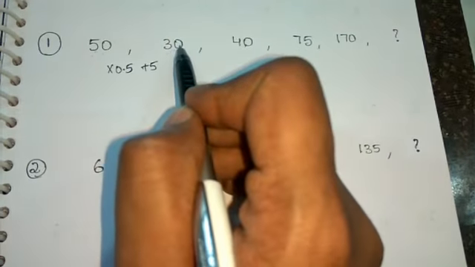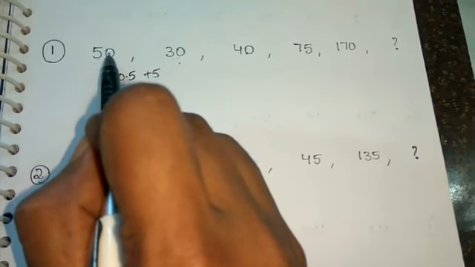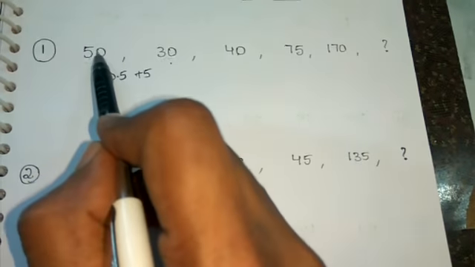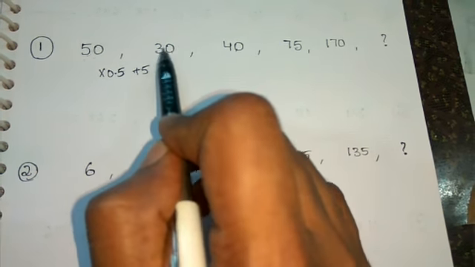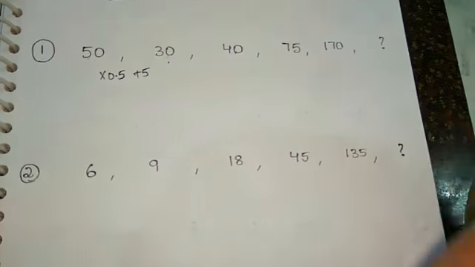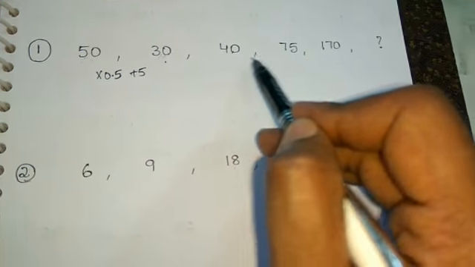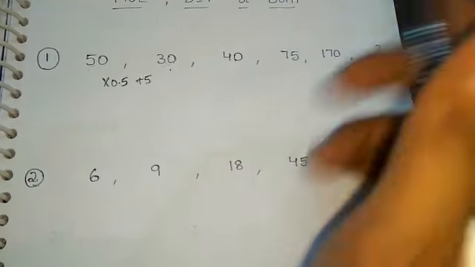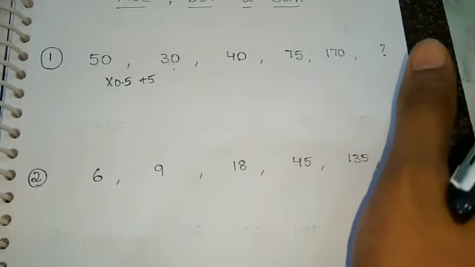If the second term is near to half of the first term, and the second term is less than the first term, and again the series goes on increasing, only the second term is less and the remaining terms are all increasing, then you should check that the first term is multiplied by 0.5. So 50 into 0.5 is 25, plus 5 is 30.